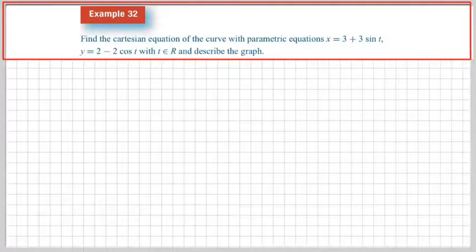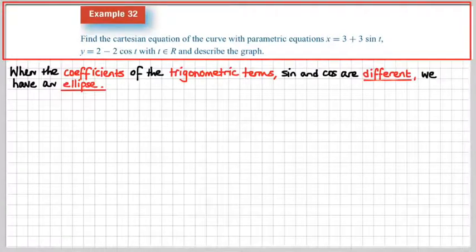As I've written here, when the coefficients of these trigonometric terms, sine and cos, are different, as they are here, this one's got a coefficient of 3, this one has a coefficient of -2, but 2 is the magnitude. Because you have to have one of them in terms of sine and one in terms of cos, and because the coefficients are different, this is an ellipse.